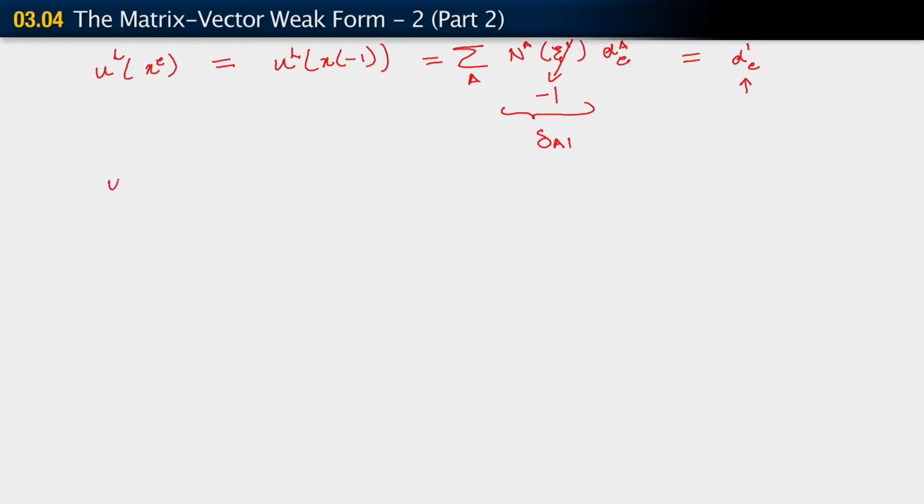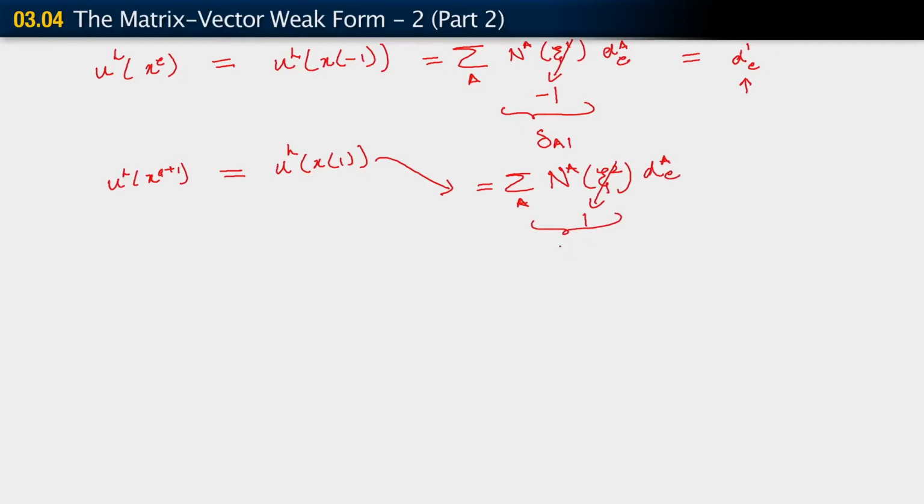And the same thing happens if we want to evaluate u^h at x^(e+1). This is equal to u^h at x with xi equal to 1. This is equal to the sum over A of N_A at xi_2, recognizing that xi_2 is the point xi equals 1, times d_A^e.